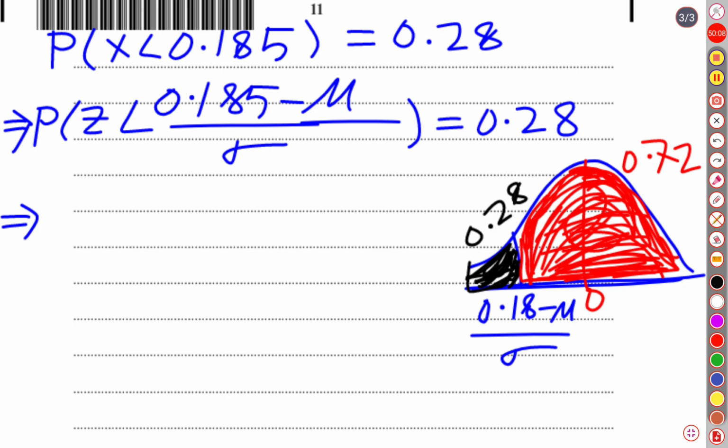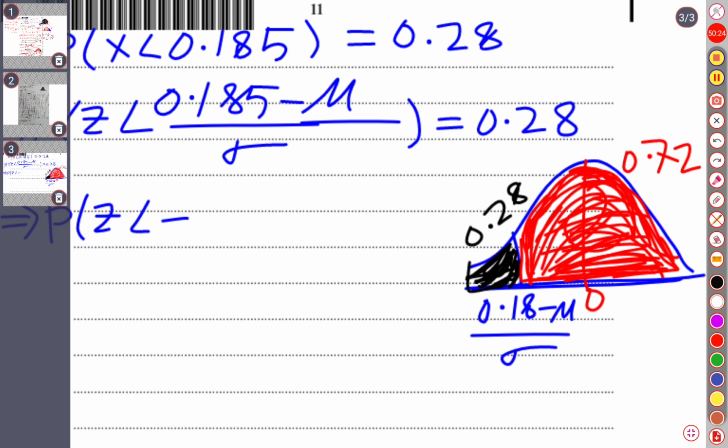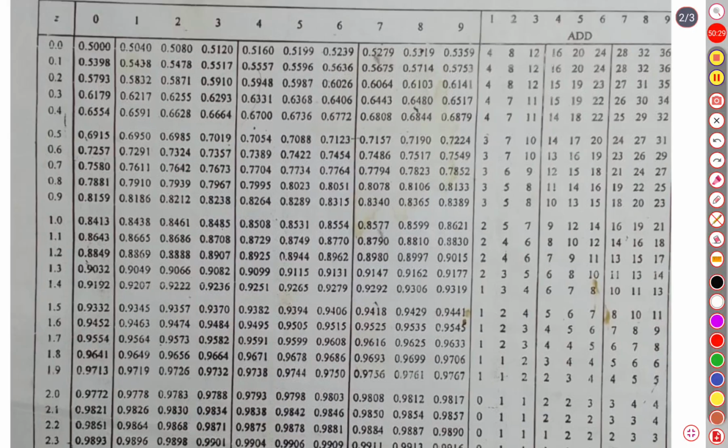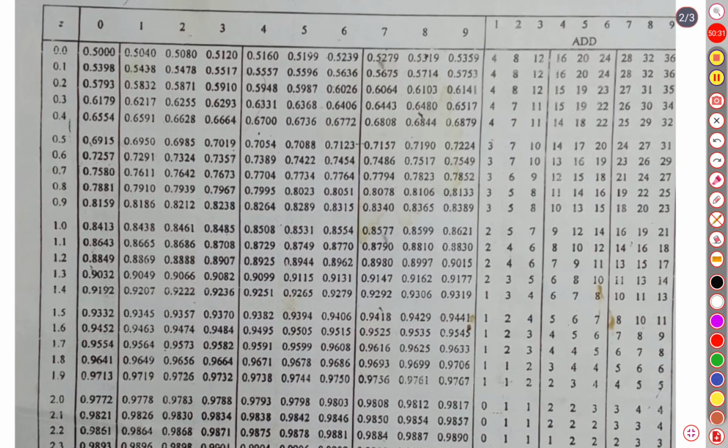As our z score is lying on the left side, it must be negative. So when the probability is 0.72, we will find the corresponding z score.